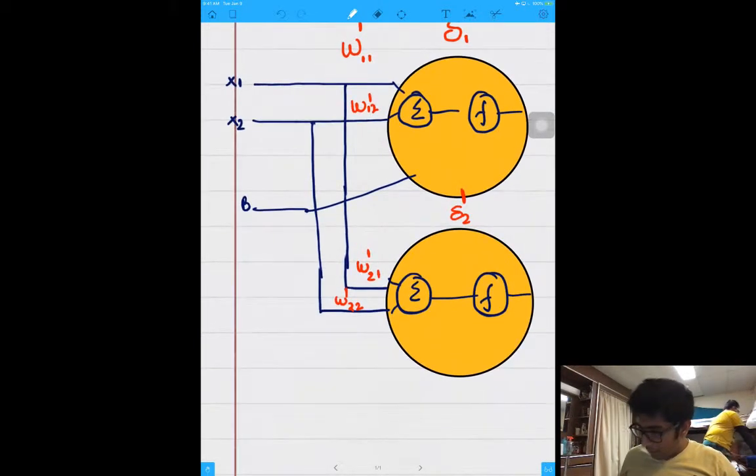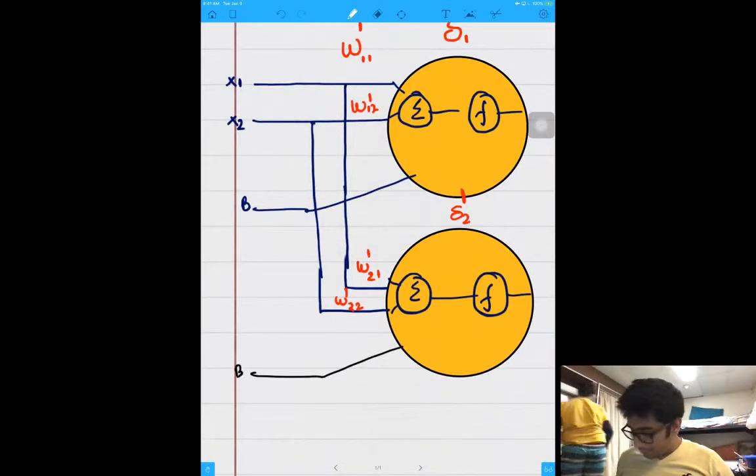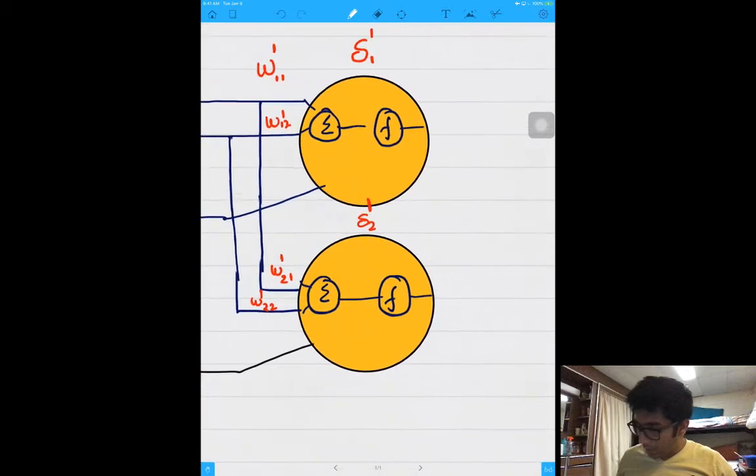Now we need to name the biases. I forgot to make a bias here, so that's gonna be B, right? So it's gonna be B1 1, B2 1. All right, and I have my outputs as S1 1, S2 1, basically, which indicates the layer number.